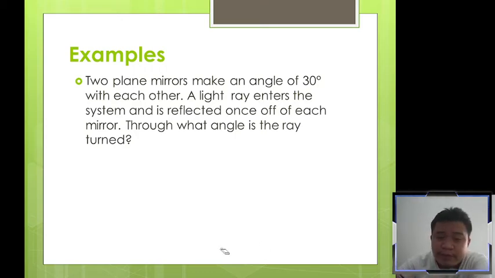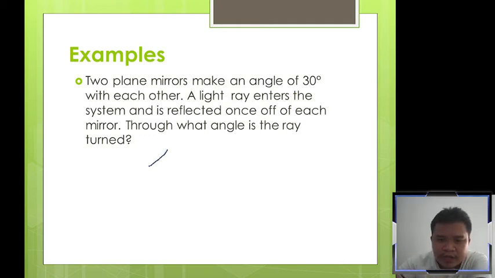Now, in order to simplify our understanding of how to answer this problem, this requires us to vividly visualize how light rays behave when they hit the surface of a plane mirror, as well as our understanding of the laws of reflection. So allow me to draw how this problem should be drawn. Please forgive me if my drawing is not that accurate.